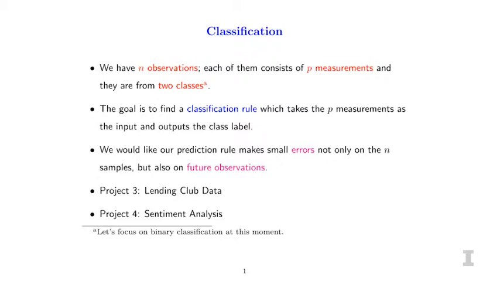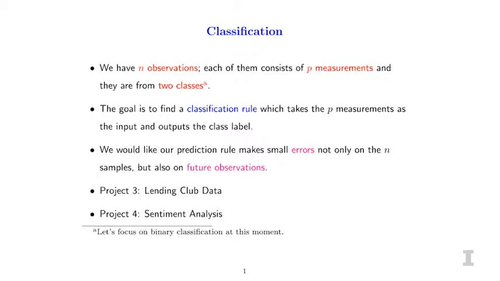And the goal is to find a classification rule which takes the p measurements as the input and outputs the class label. And here there will be just two labels for binary classification problems. And we would like our prediction rule to make small errors not only on the n training samples, but also on future observations.